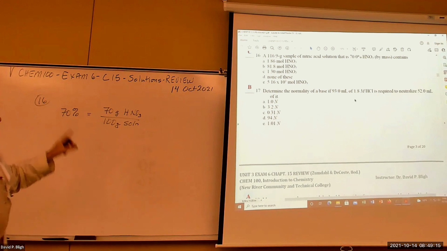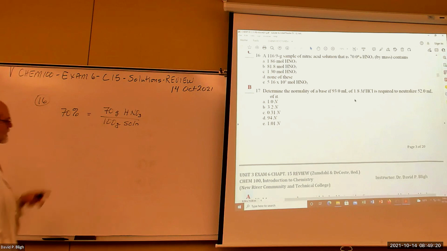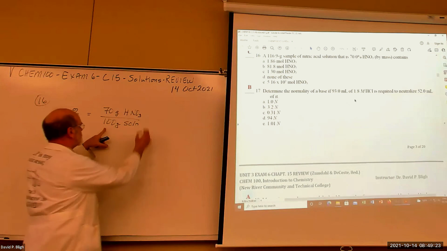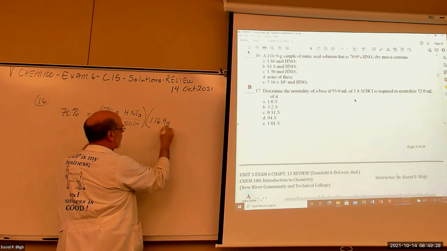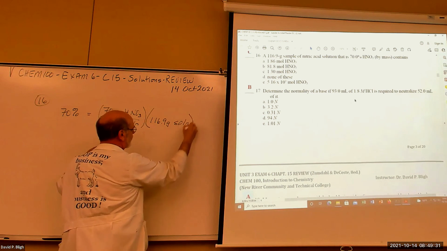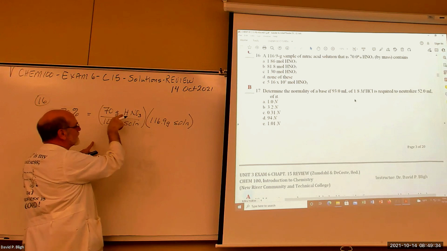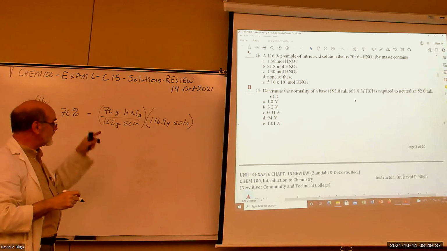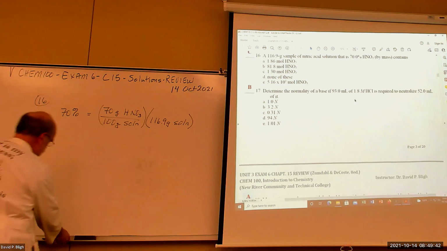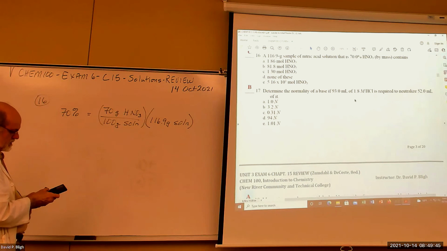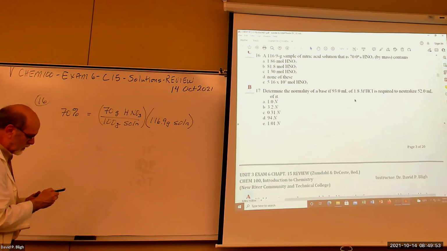That's what that means. If we have 116.9 grams of that solution, then we cancel solution, and that leaves us with grams of HNO3. So we just need to multiply 70 times 116.9 and then divide by 100. So that's 81.83.